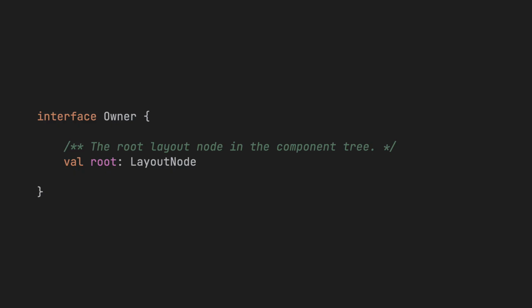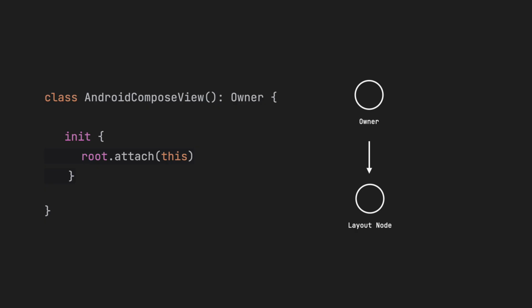So each layout node has an owner. There is a specific UI element that is holding on to the root layout node. And in Compose UI, there is an owner specified, which is going to have a specific layout node. The owner, for example, could be an Android Compose view.